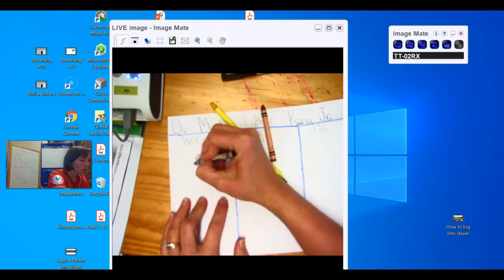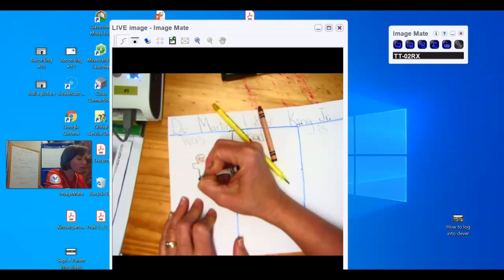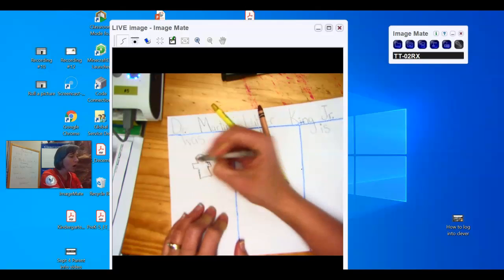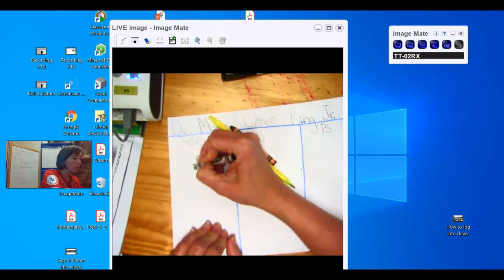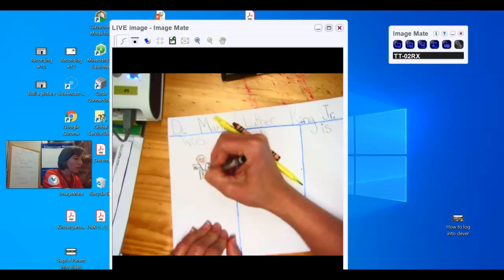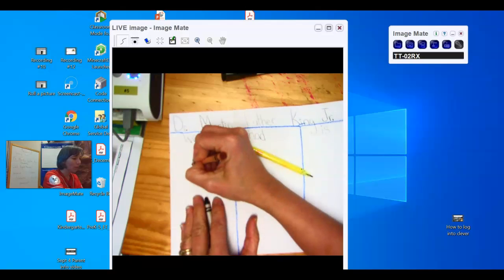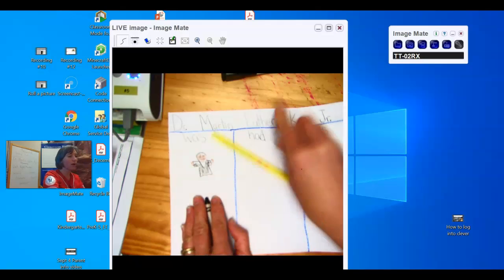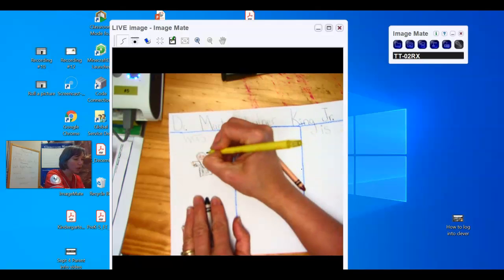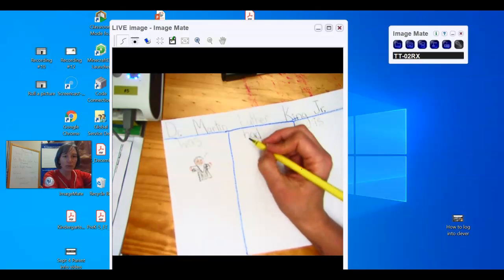And I'm going to draw right here, he would wear robes when he would preach. Now, a reverend, I had to look it up to find out. A reverend is a preacher in church who talks and teaches people. And that was the job that he had. So now I have this here, and I'm going to go ahead and label my picture. One of the things that I know is that he was a reverend.